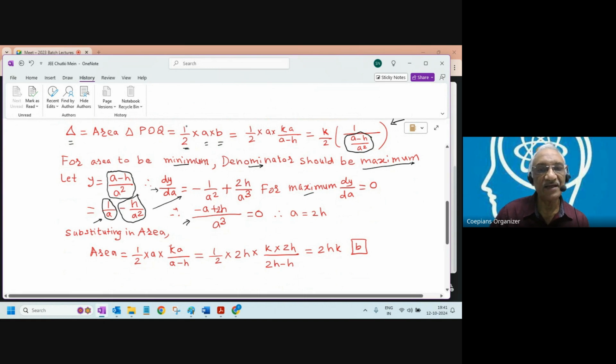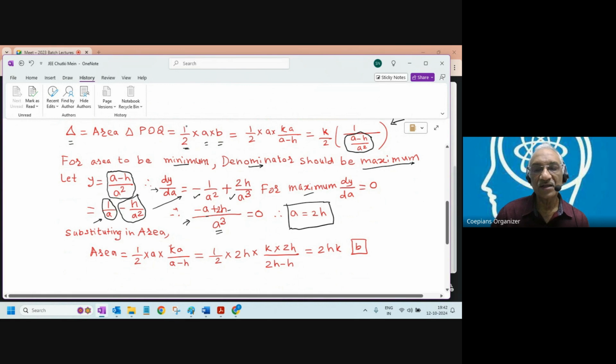So dy by da is minus 1 by a square plus 2h upon a cube. If you take LCM, this becomes a minus 2h. Since it is 0, we can take a is equal to 2h.